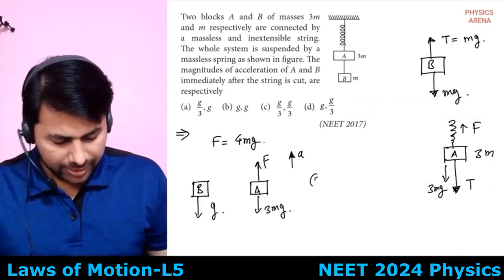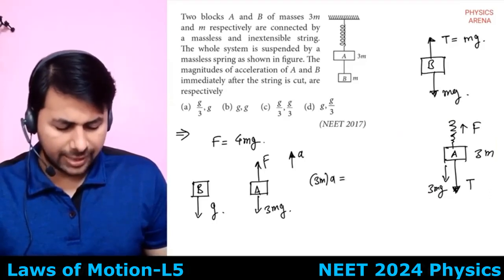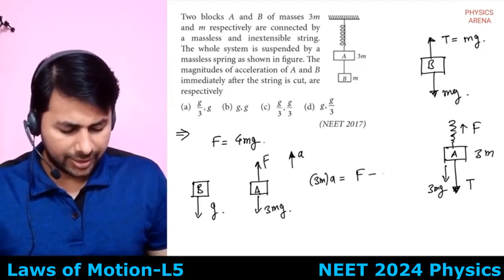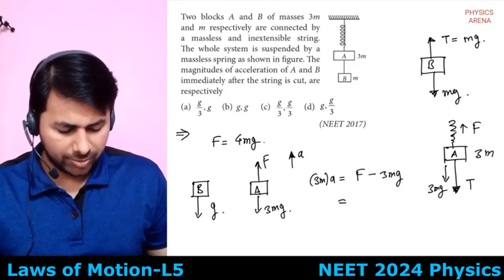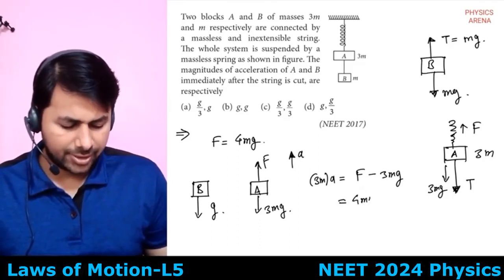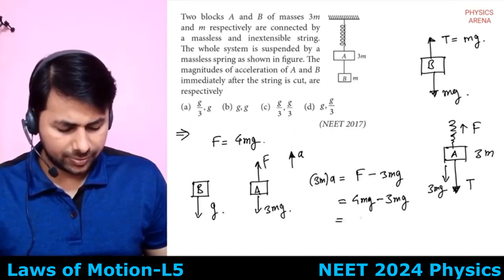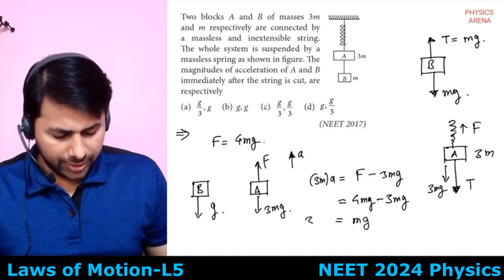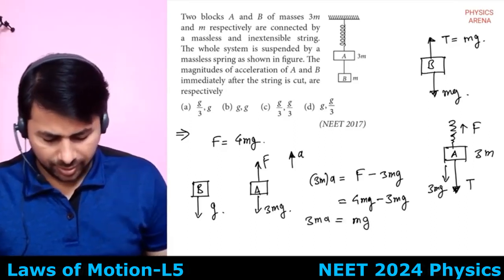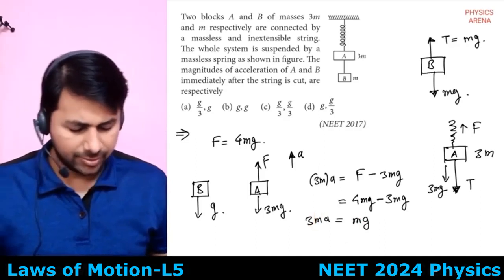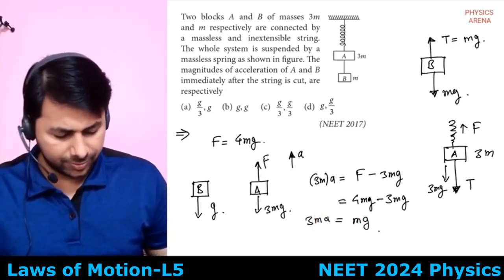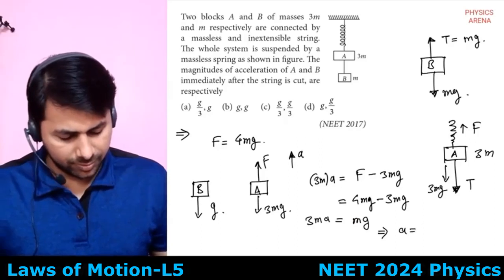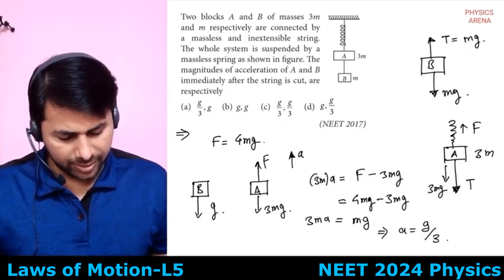So now its mass is 3m. 3m multiplied by acceleration is equal to F minus 3mg. How much is F? It is 4mg. 4mg minus 3mg is mg. So this is 3 times ma. M gets cancelled. So acceleration is equal to g by 3.